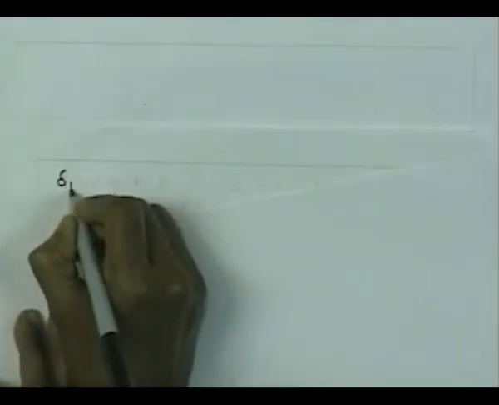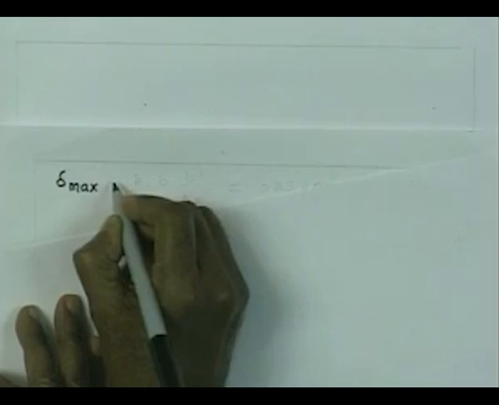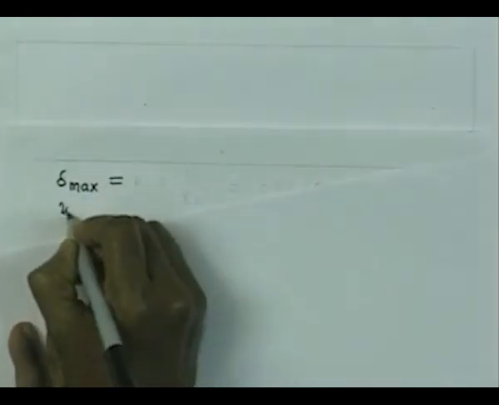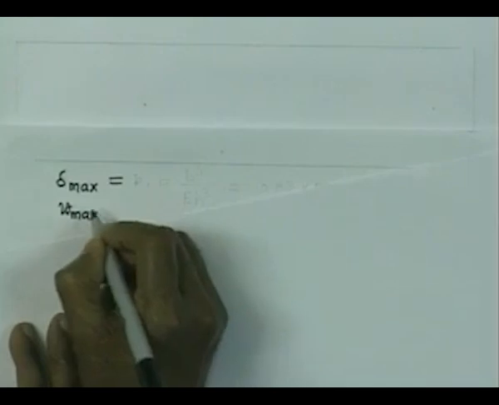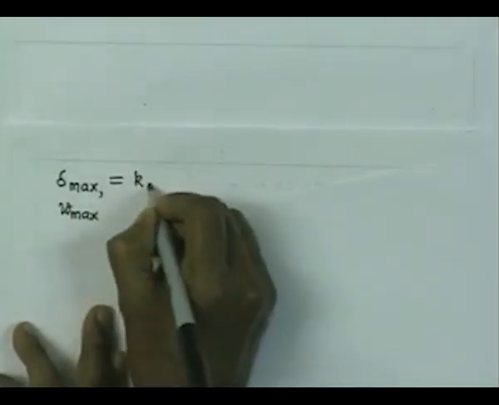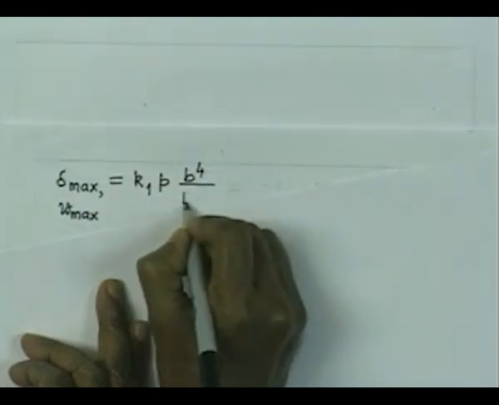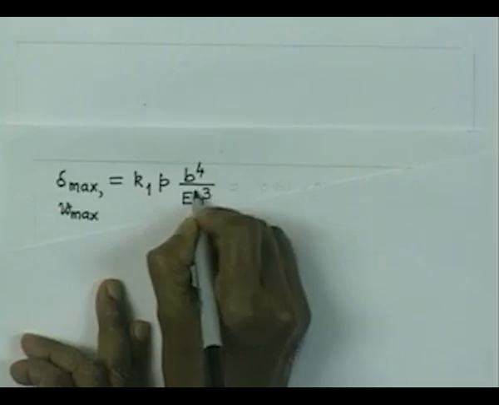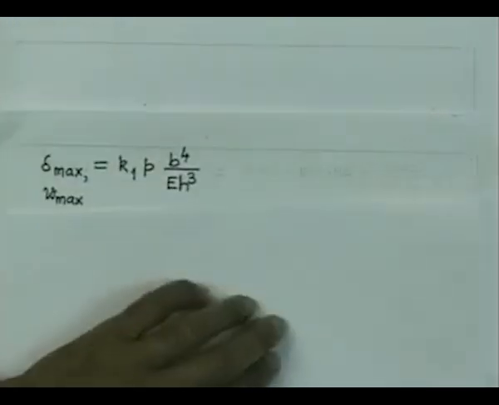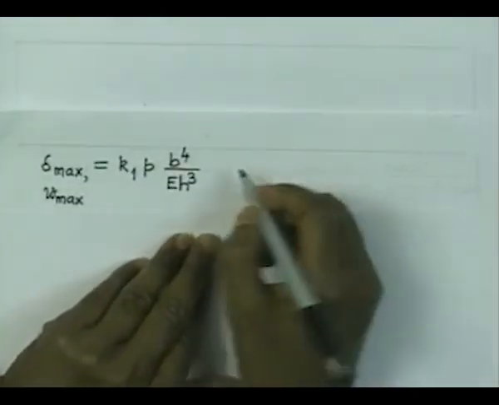Now, let us see the value of the maximum deflection. So, if we calculate the maximum deflection, again it is given by the standard formula, delta maximum, or it will be W maximum is equal to K1 into P B4 by EH cube. So, W maximum is K1P B4 by EH cube.